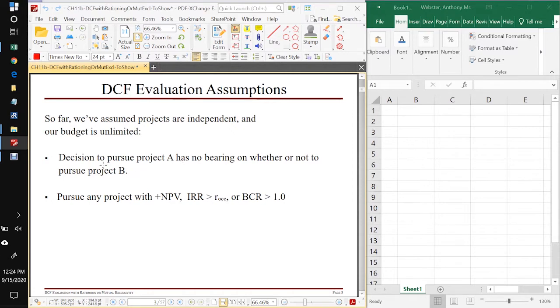So the implications of this is that a decision to pursue some sort of project, Project A, really has no bearing on whether or not we will pursue Project B, because we have all the money in the world and the two projects don't affect each other. And so the implications of this were that we could pursue any project that had a positive NPV, an IRR higher than our opportunity cost of capital, or a BCR ratio greater than 1.